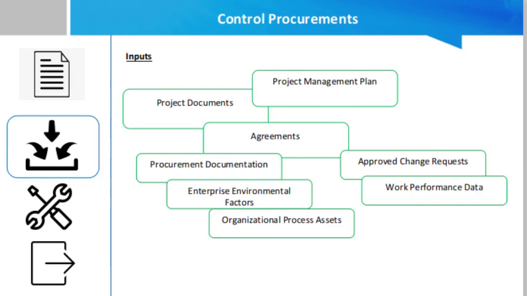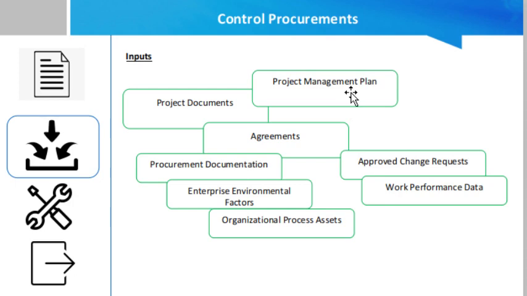Now, if you understand the basic concept of control procurement, the first thing is the project management plan as an input. Now we are talking about inputs for this process. Remember that the project management plan is not simply one document.